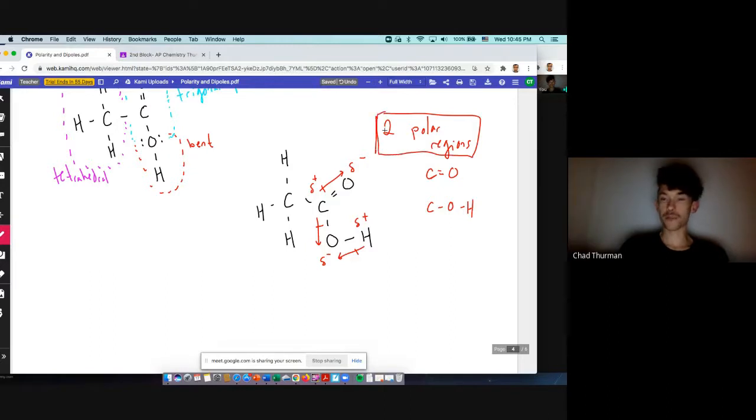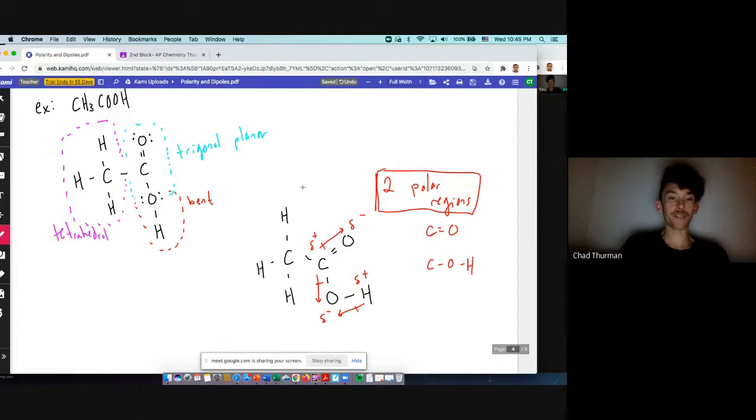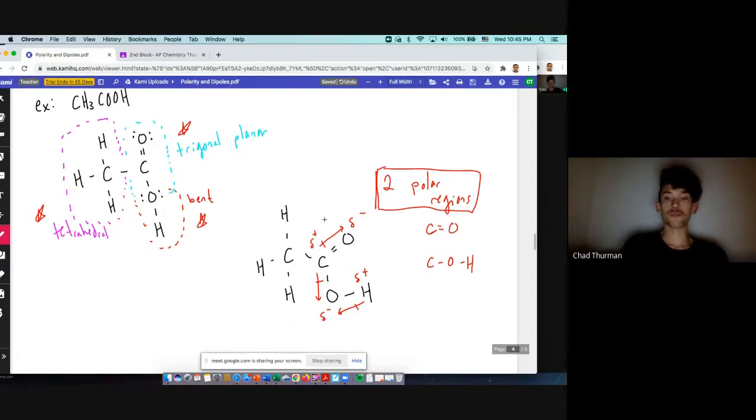That question stops making any sense. In fact, we can't even talk about the shape of the entire molecule. Just exactly like we break it down into regions where we analyze one central atom at a time, that's what we do with the polarity as well. We analyze it in terms of regions.